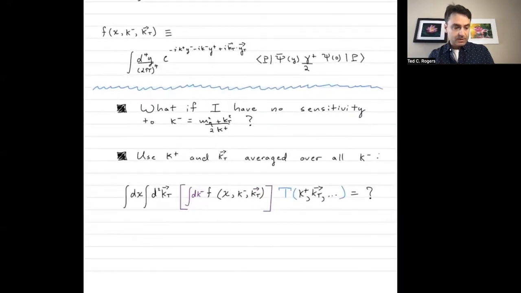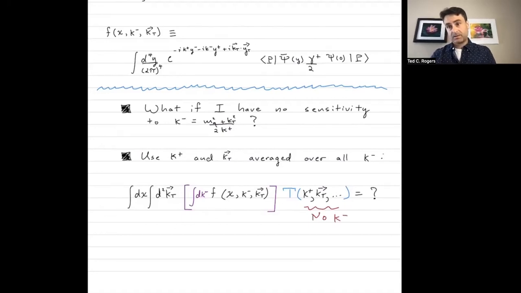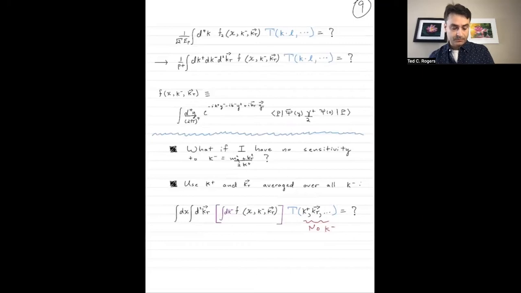Well, I'm going to say, let's approximately remove any sensitivity to the minus component inside of capital T. No K minus when I dot with L and so on. That means I'm taking the 4 momentum K and changing it into an approximate 4 momentum where I'm averaging over all the minus components.